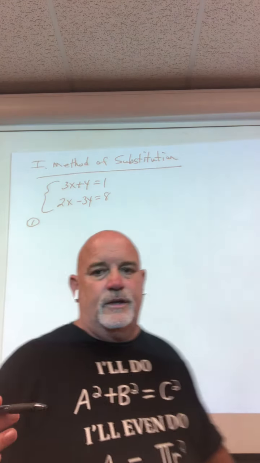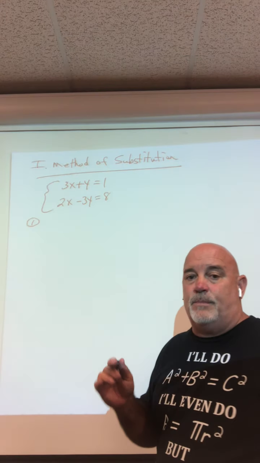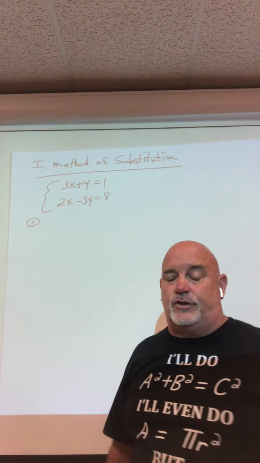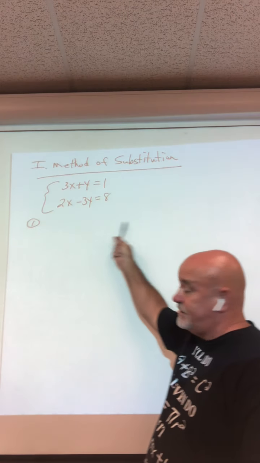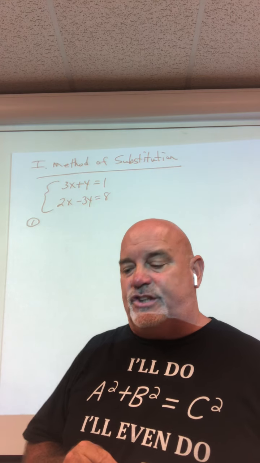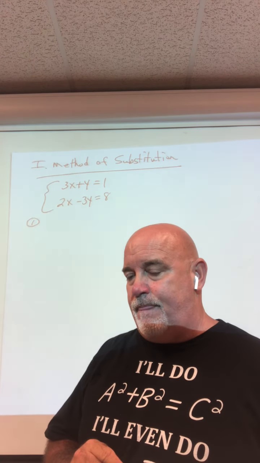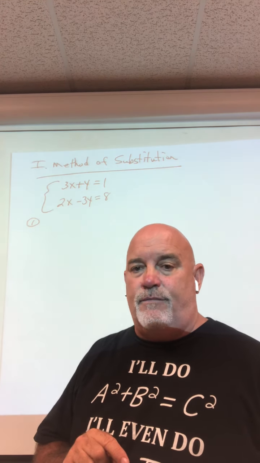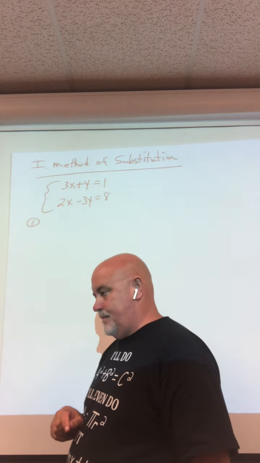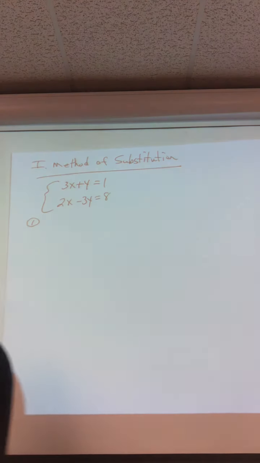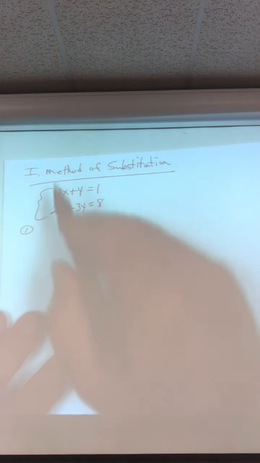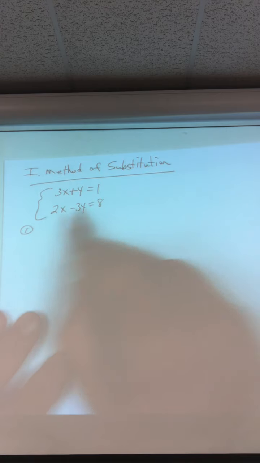Okay, I'm going to give you these steps as I go through the problem. This is the method of substitution. Here's the first step. Write this down. Pick one equation and solve for x or y. Okay, so let's look at this problem. I've got this equation up here and this equation down here.